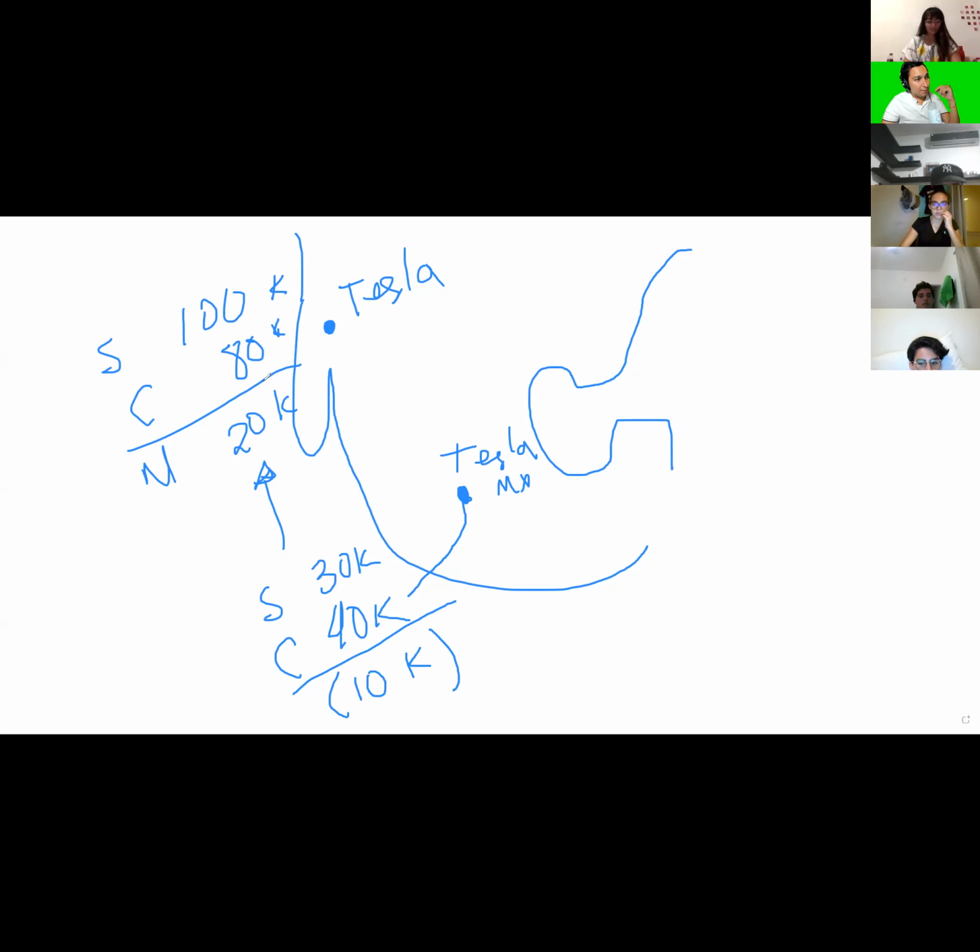So imagine that as this is the first version, the second version goes from sales of 100K per vehicle to a cost of 30K per vehicle. Sorry.